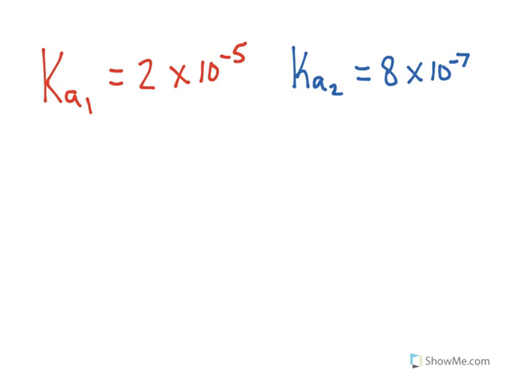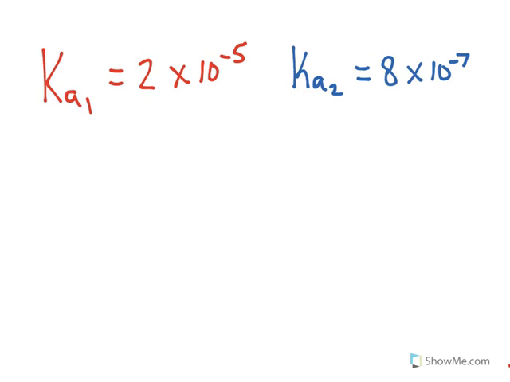We can actually take this a step further by using Kas to compare the strengths of weak acids. So here in the red on the left, we have Ka1, which is just the equilibrium constant for some weak acid. And on the right in blue, we have Ka2, which is a different weak acid's equilibrium constant. We know they're weak acids because both of these Ka values are small, meaning that favors them not dissociating.